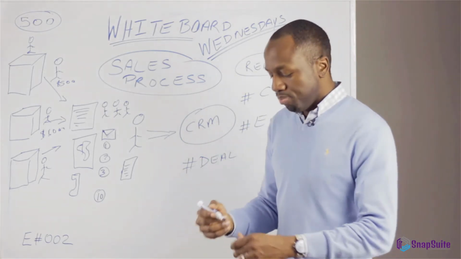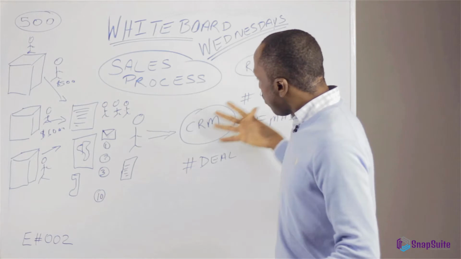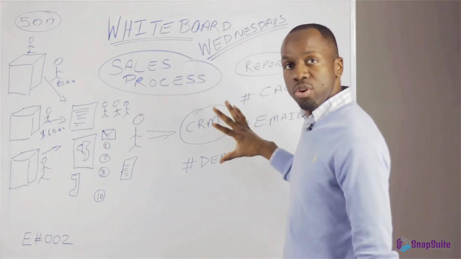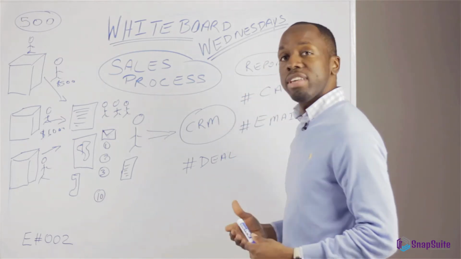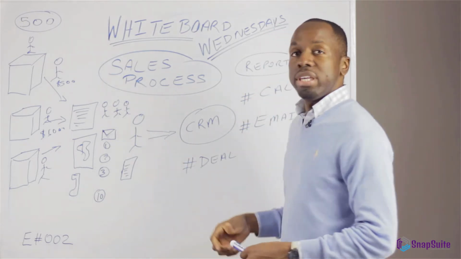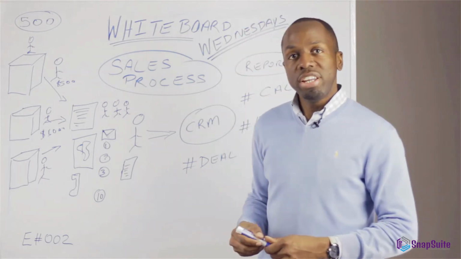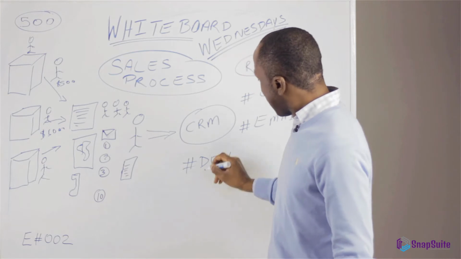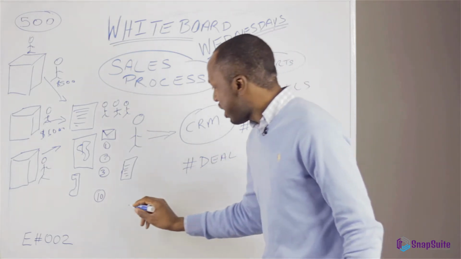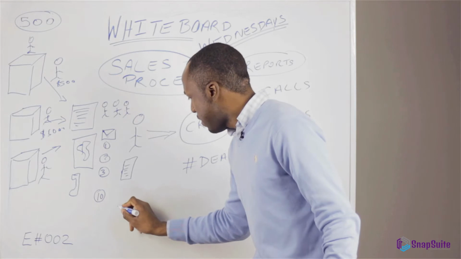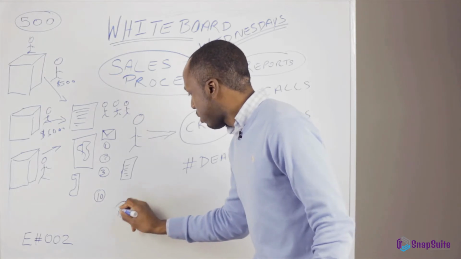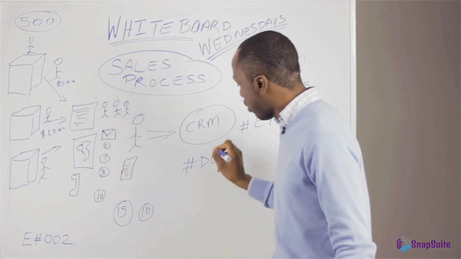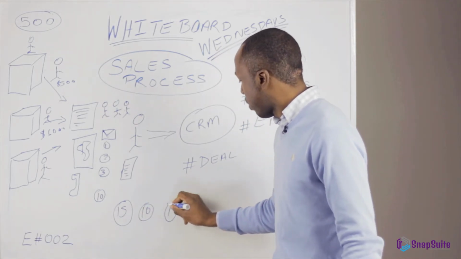Once you start getting all that information in, then you could start seeing what's going on. You could get a better insight into some of the ways that you could start making changes. So as an example, you might notice that, you know what, for us to get to a deal stage, we actually have to make 15 phone calls and we got to send 10 emails in order to get to one deal, right?